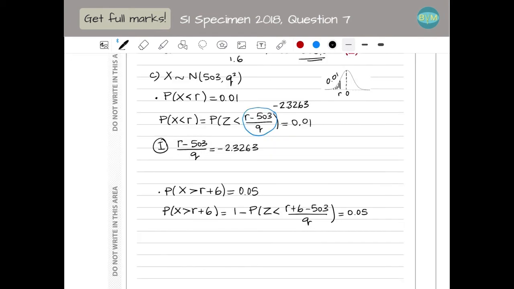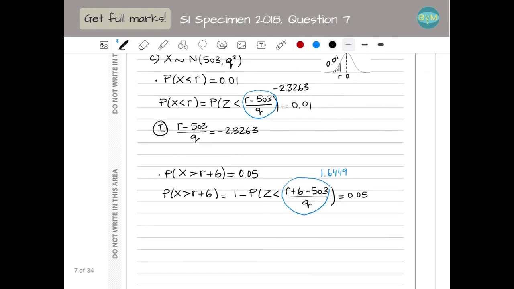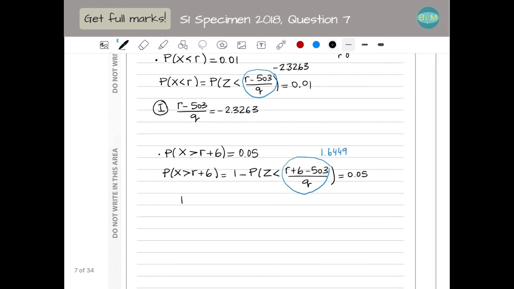In this case, I don't have to change the sign because I am on the other side of the graph. So I have another equation: (r plus 6 minus 503) divided by q is 1.6449. So I have a second equation.